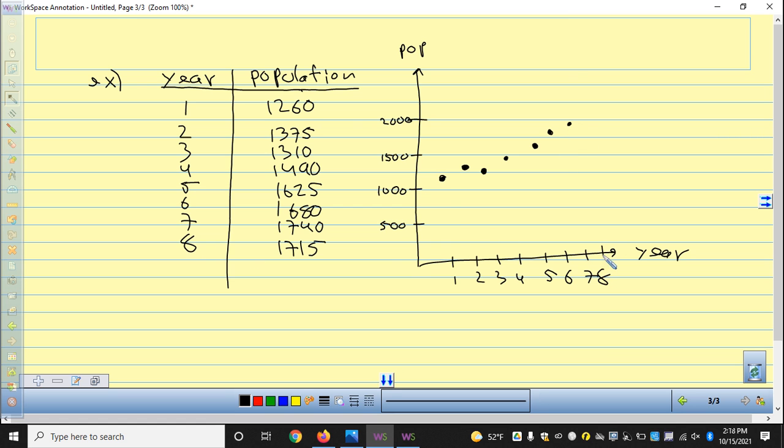And 8, 1715, we went down a little bit. So there would be my scatter plot.